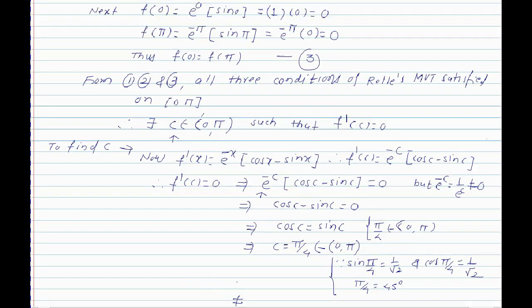Thus, we have verified Rolle's mean value theorem, that is, we have shown that there exists a point c in the open interval 0 to pi for which f dash c is 0.